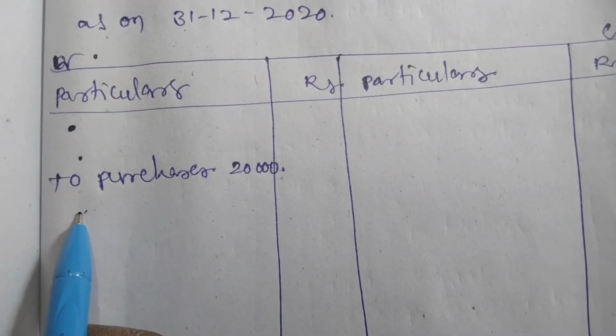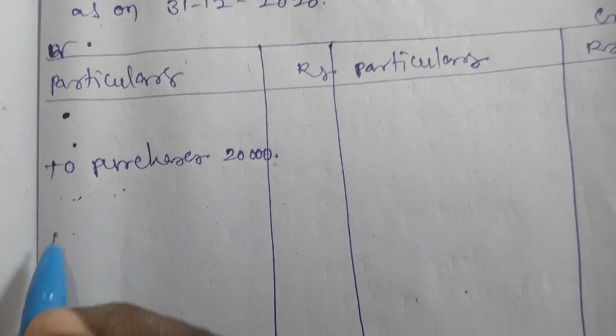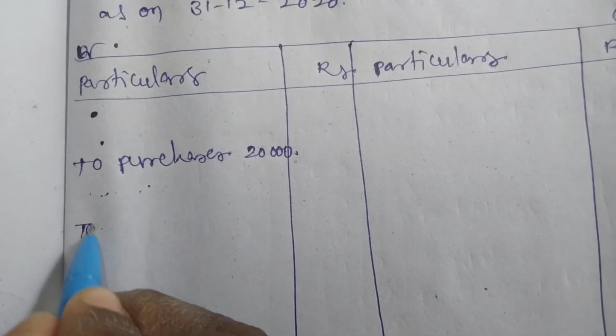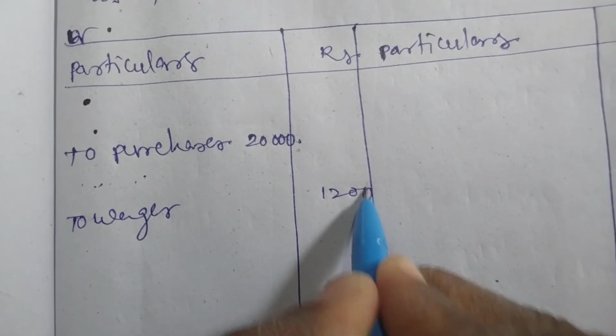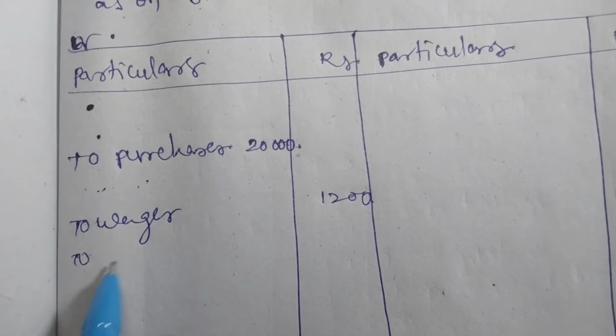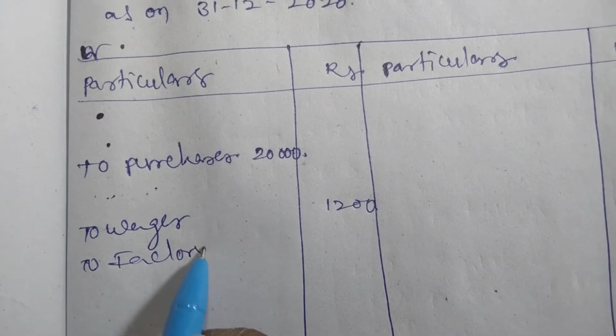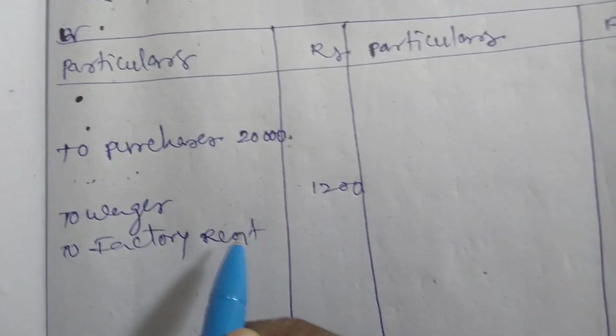However, leave some place for purchases returns. So write "To wages" in the outer column of the trading account, 1,200, and factory rent 200.